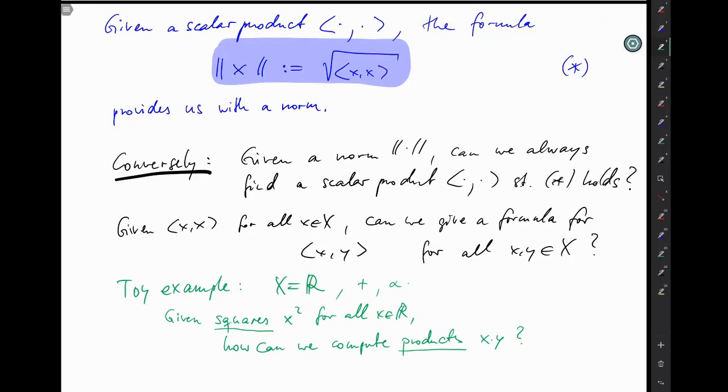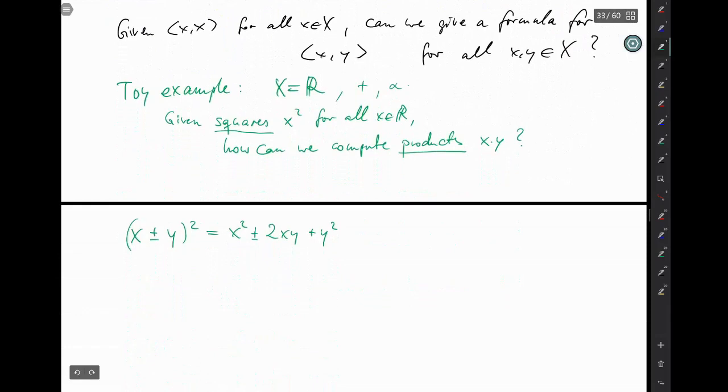And the key in this case is given by the binomial formulas. So (x plus or minus y) squared is x squared plus or minus 2xy plus y squared. From this you can conclude two things. If you add (x plus y) squared and (x minus y) squared, then the squares will add up and the mixed terms will cancel.